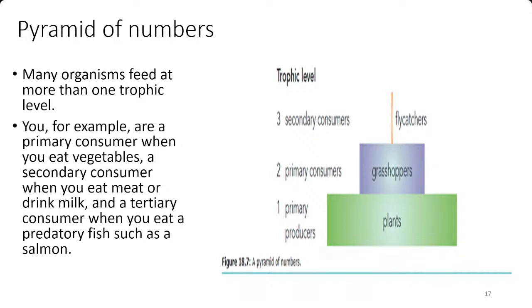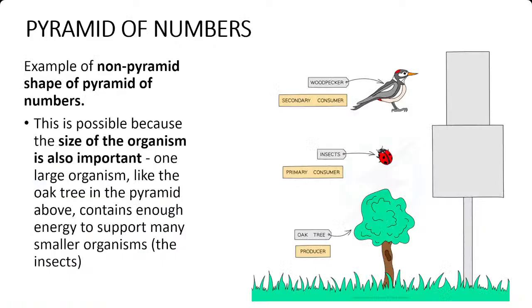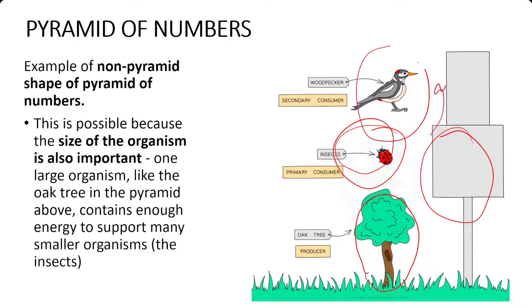An example of a non-pyramid shape of a pyramid of numbers is possible because the size of the organism is also important. One large organism, such as the oak tree here, contains enough energy to support many smaller organisms, such as the insects and then the wood.